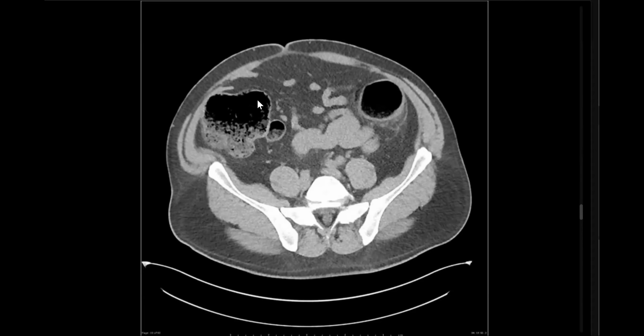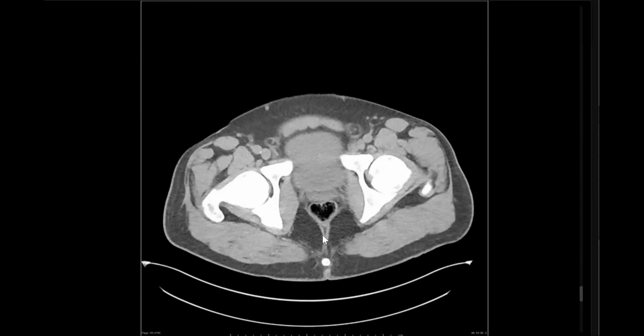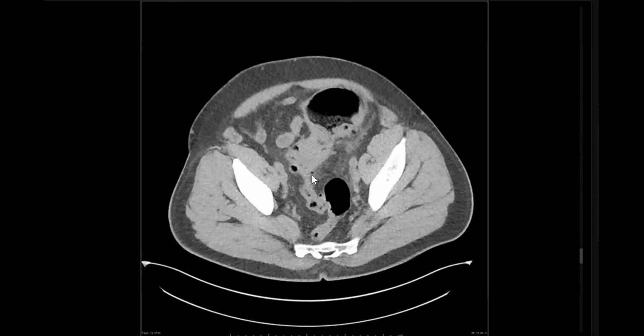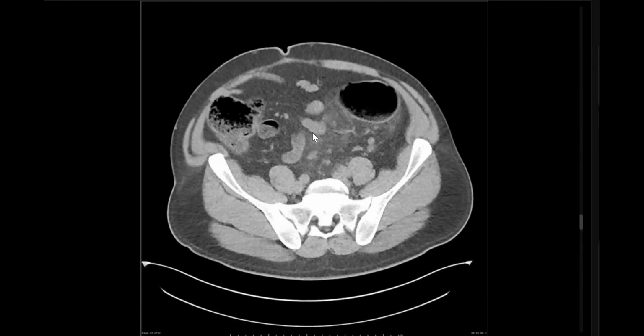If you see a large bowel obstruction, usually we go from down upwards, looking for the transitional point. It will be easy if we start from down upwards.